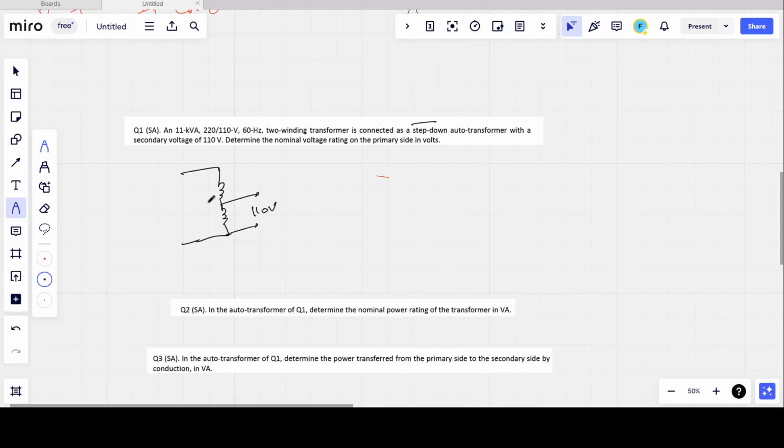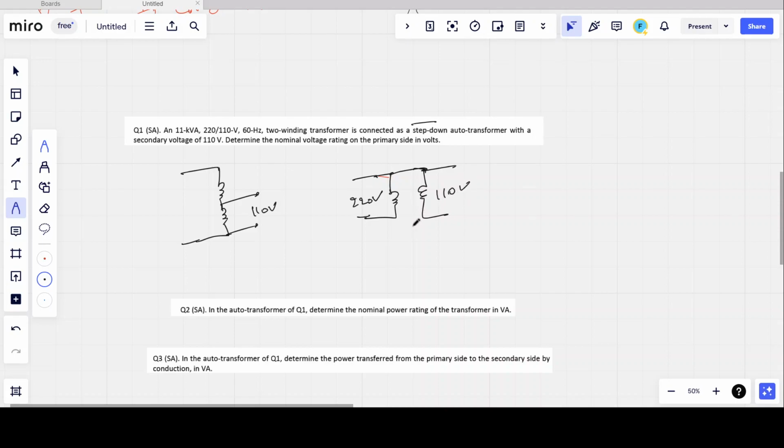Just so you know, this is the two winding, and this is the series connection. This was 220 and this is 110 volts.